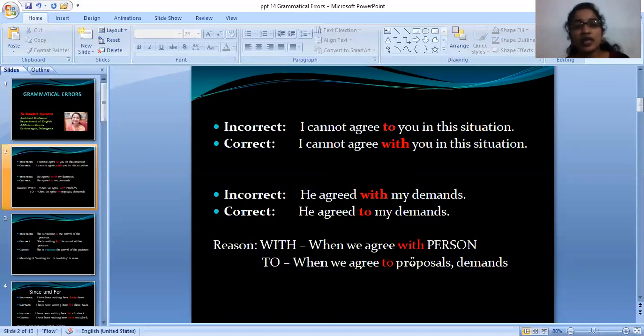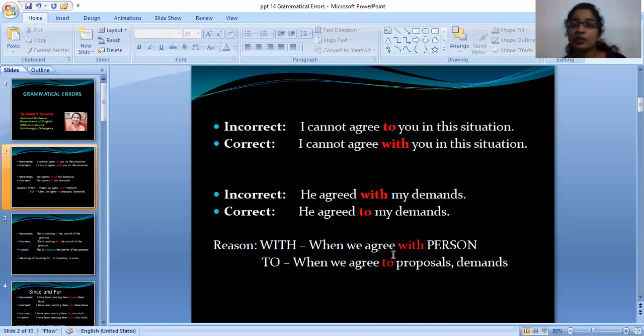So we can use agree to and agree with also, but the difference is when you mention a person. When you use agree in relation to a person, you have to use with. When you use agree related to a proposal or demand or perspective, then you have to use to. So when you use the preposition with, that means you are agreeing with a person.